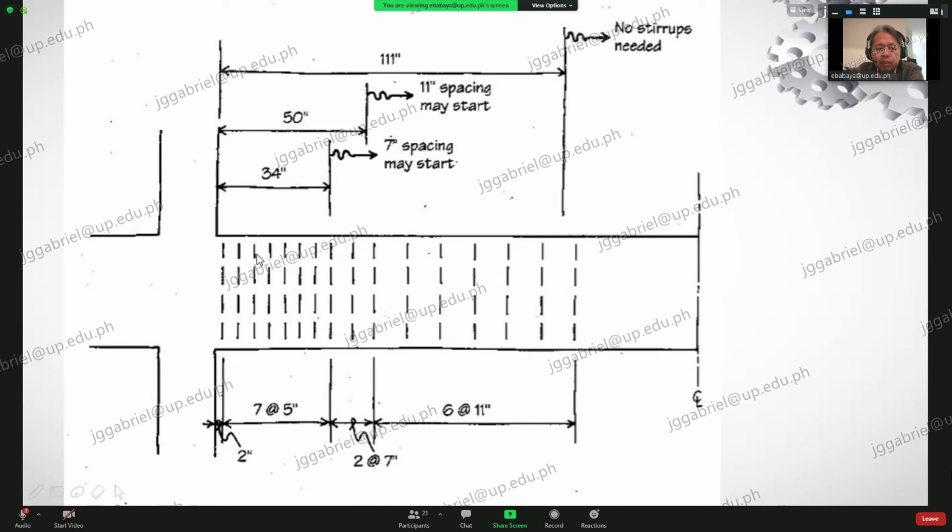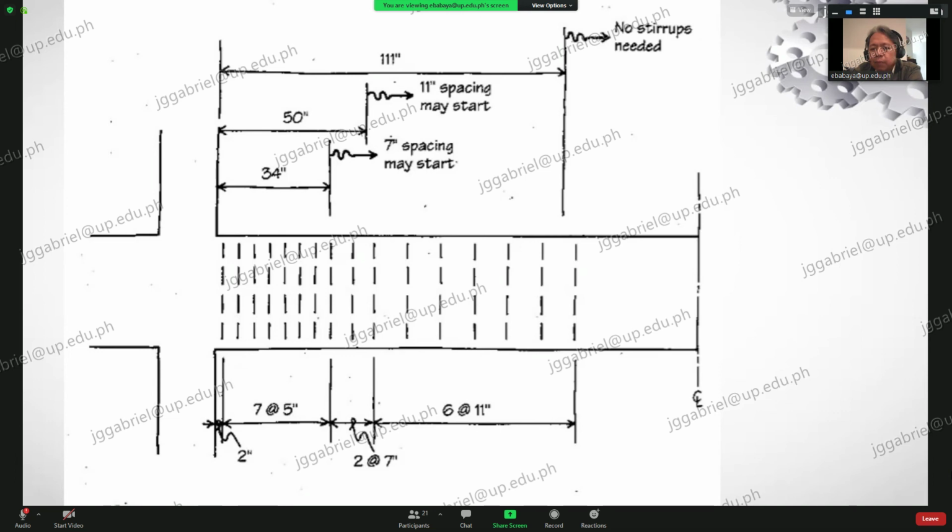So, 1, 2, 3, 4, 5, 6, 7. Now, this 2 inches, okay, is the first bar from the support. We got the 2 from 5 divided by 2, because the section that we are considering is 5 inches.